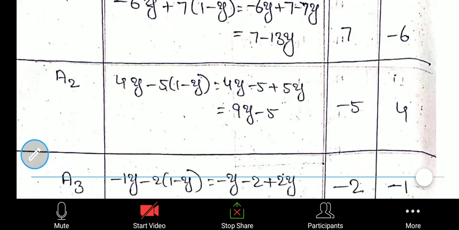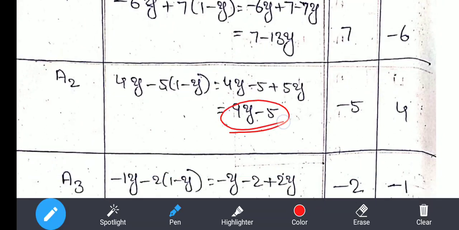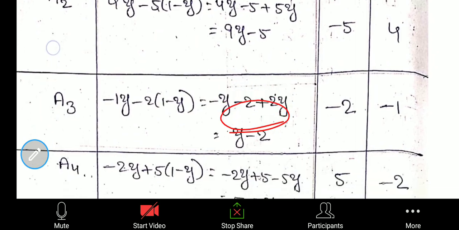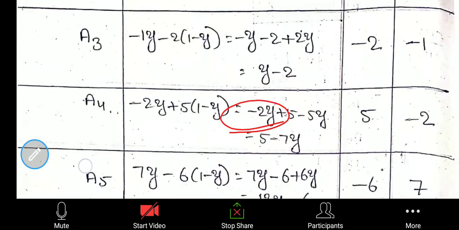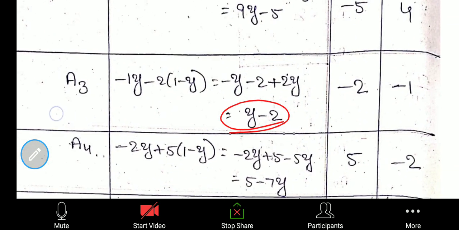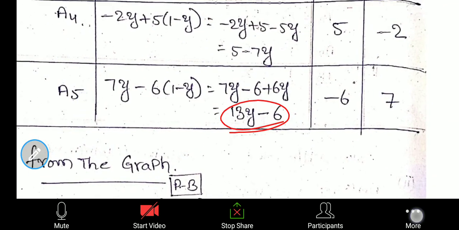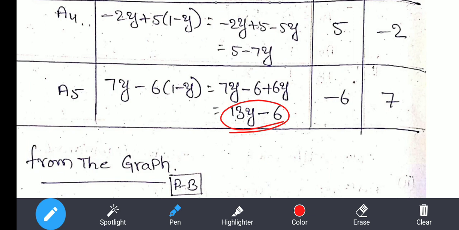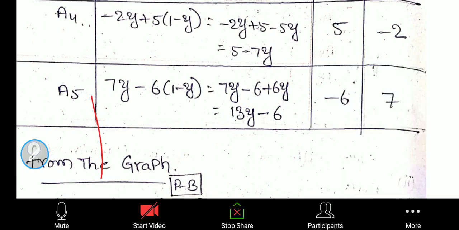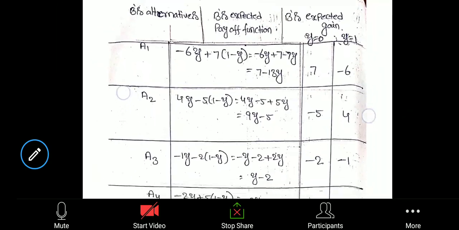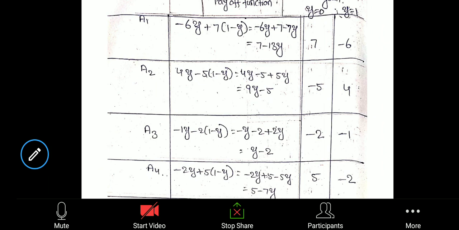A1, A2 will be obtained here. Next will be A3, A4, A5. So these equations were obtained in this way. Based on this, we are going to substitute these values in the equation, y equal to 0, y equal to 1.